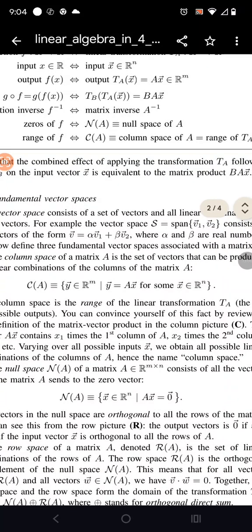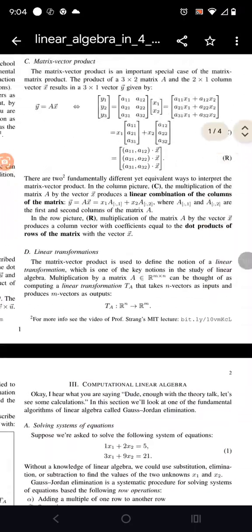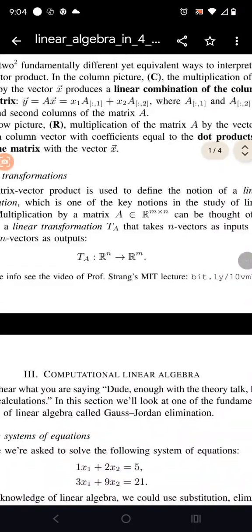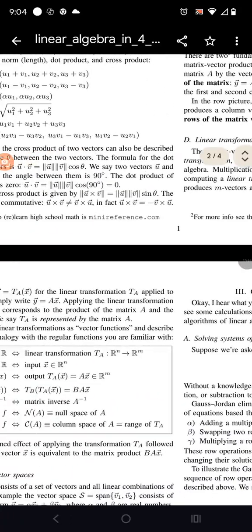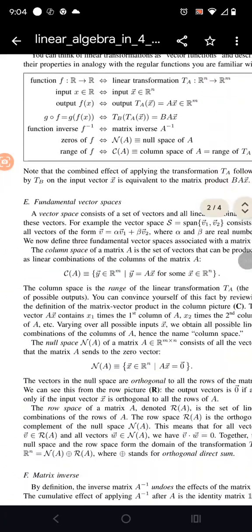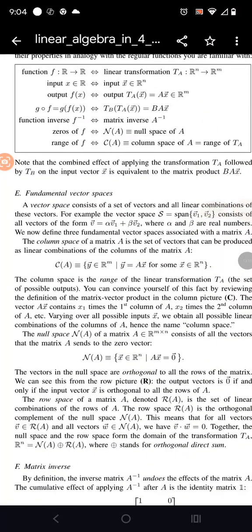Remember that A has dimensions m by n, so m rows and n columns. C of A, the column space, consists of vectors in R to the power m, where y equals Ax for some x in R to the power n.